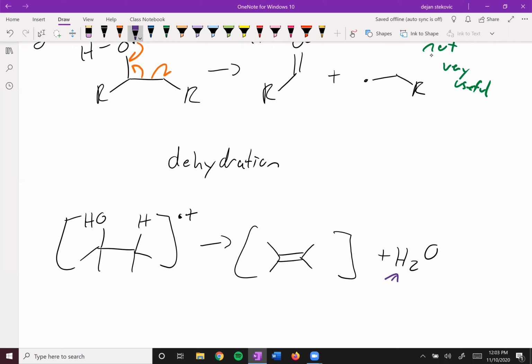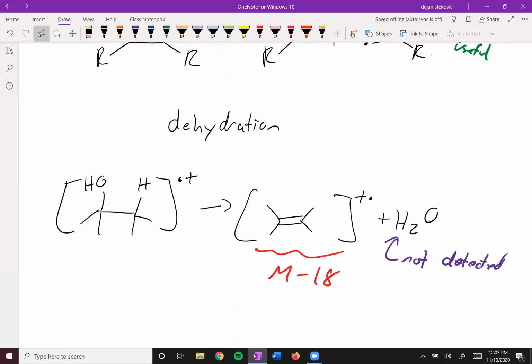This water molecule is not detected because it doesn't have a charge. However, this alkene is detected and it'll have a mass minus 18 peak, right? So it'll be 18 less than your molecular ion peak. But oftentimes it's not a very huge peak from what I've seen. And so it's again not that useful. And if you're identifying an alcohol, IR is going to be easier to use anyways.